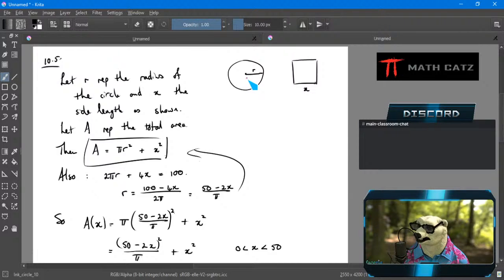If the circle part of my garden is super small, and x is super big, then I just have the x area, which is a square already. If my square dimensions are super small, then I just have the circle area. And it turns out, because of the critical point, that somewhere in the middle is a balance of the two.